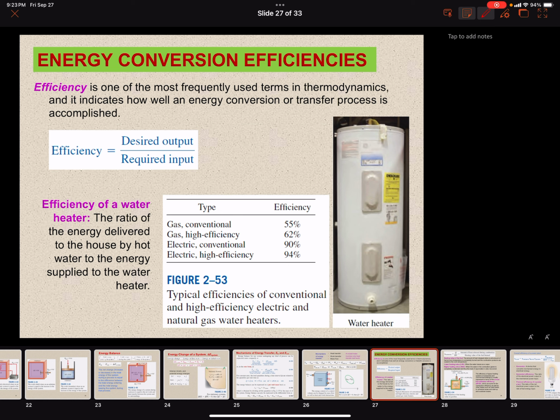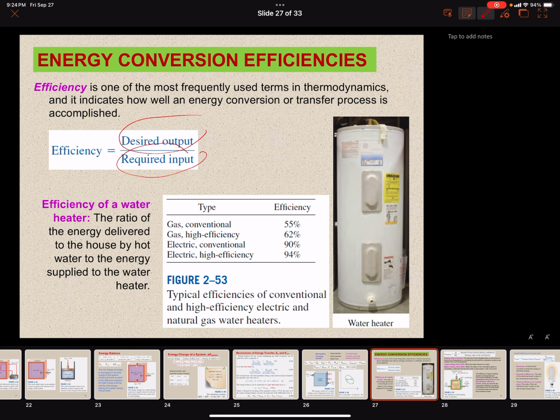In this slide, we will discuss the energy conversion efficiency. Efficiency is one of the most frequently used terms in thermodynamics, and it indicates how well an energy conversion or transfer process is accomplished. We can see efficiency is calculated as the ratio of the desired output to the required input.